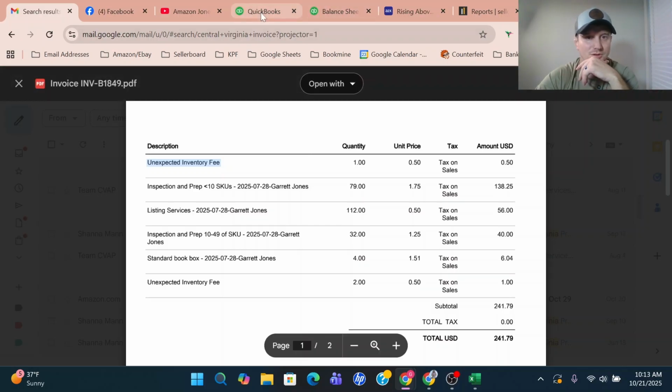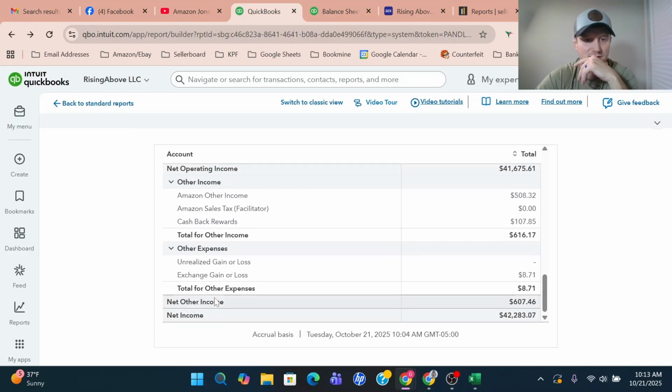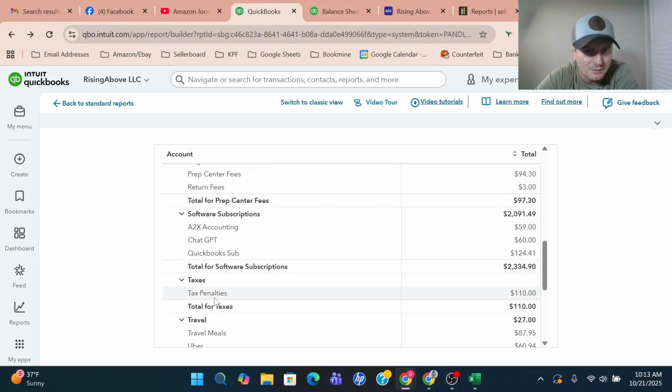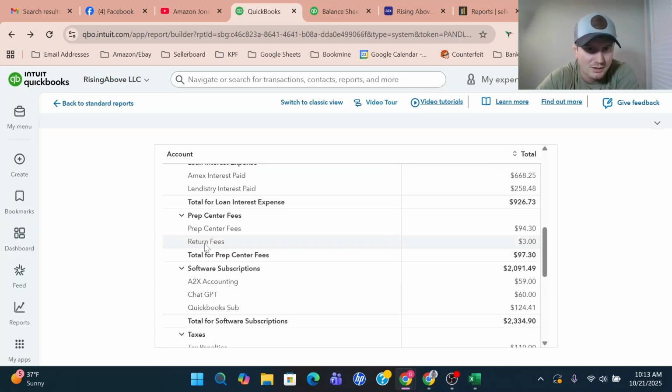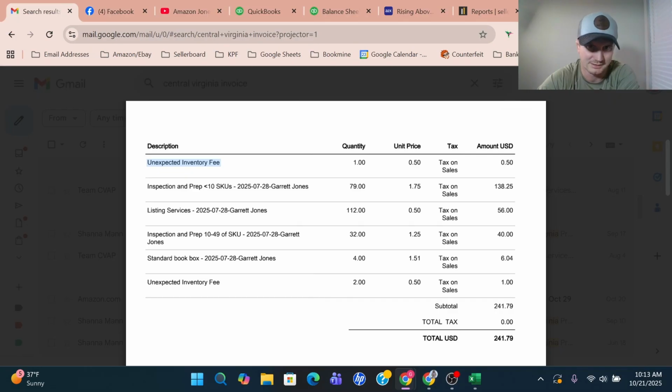So they're also gonna be charging that, which I put down here in the prep center fees right here. And for the whole year, I've paid $94 on products that I forgot to tell them were coming in. So that's another aspect where you have to break this down completely to be as accurate as possible.